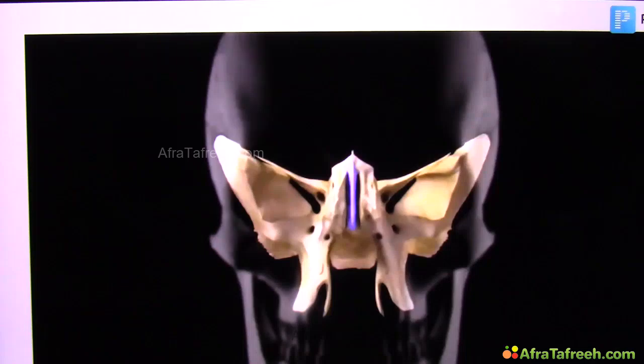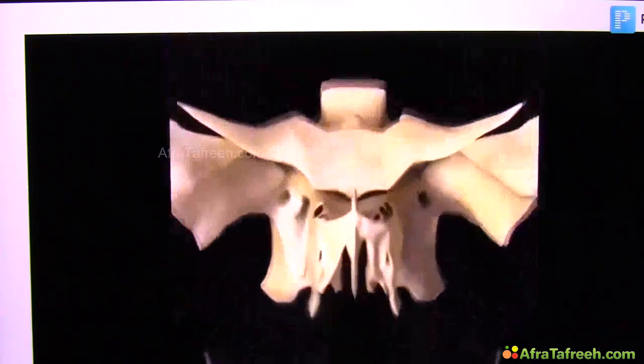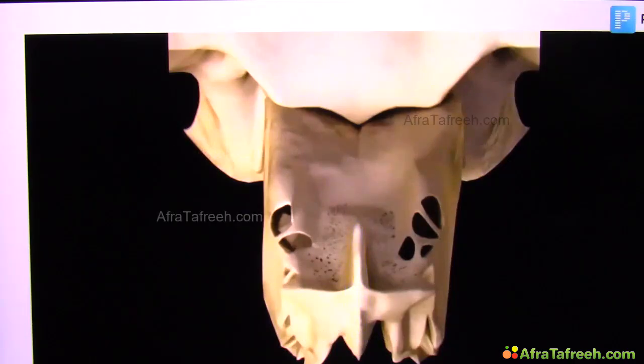The perpendicular plate is being highlighted. Now if I turn over here, you can see in the superior part the crista galli. We have discussed it. What do you see on the sides of the crista galli? You can see a bone plate with a lot of holes in it. That is the cribriform plate. It has holes in it, and this is the thinnest bone in the body. Now what passes through these holes?